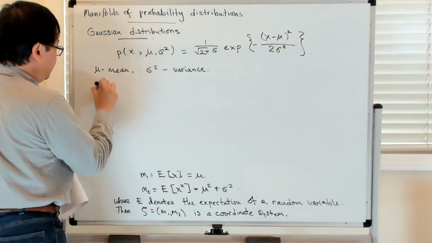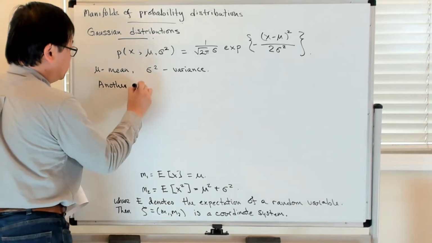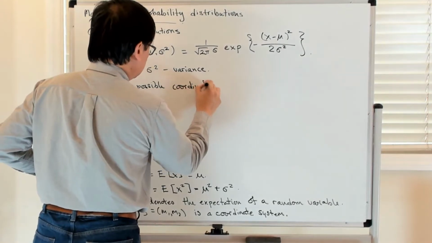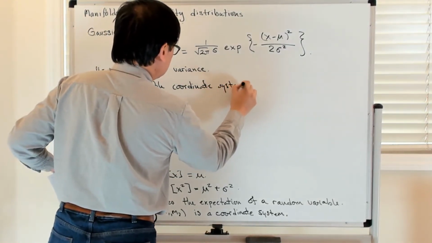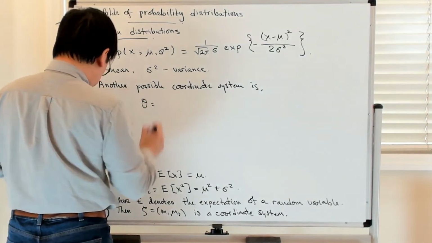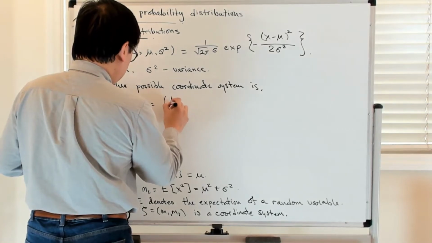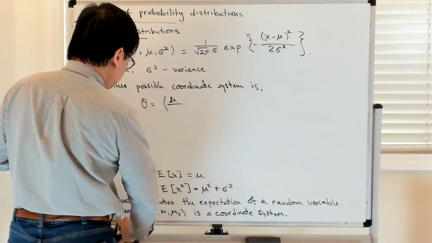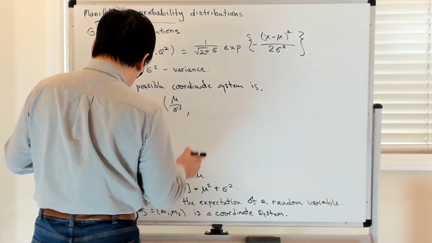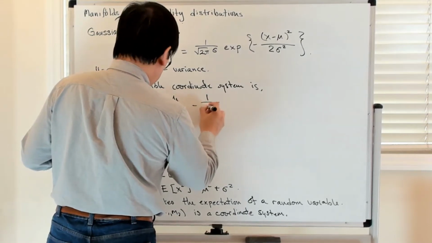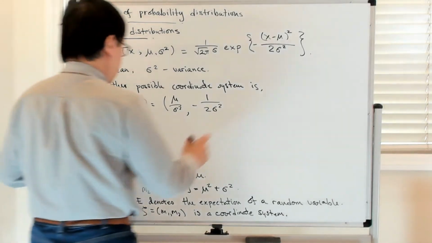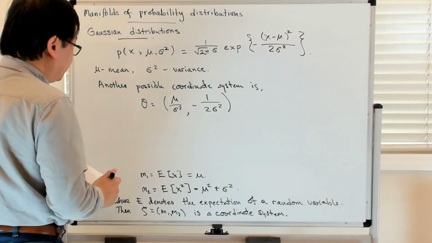So another possible coordinate system is the following. Theta is equal to mu divided by sigma squared, comma, minus 1 over 2 sigma squared. Okay, so this is referred to as natural parameters.